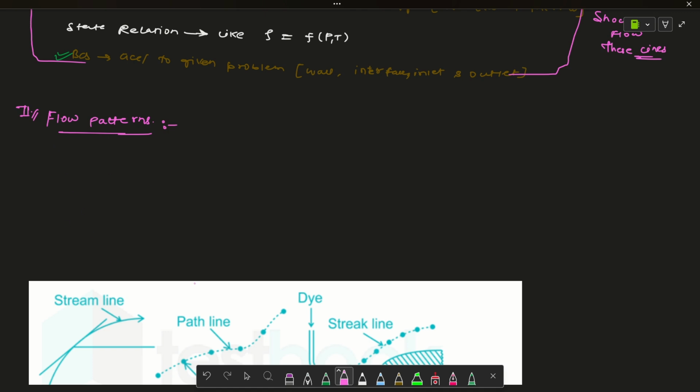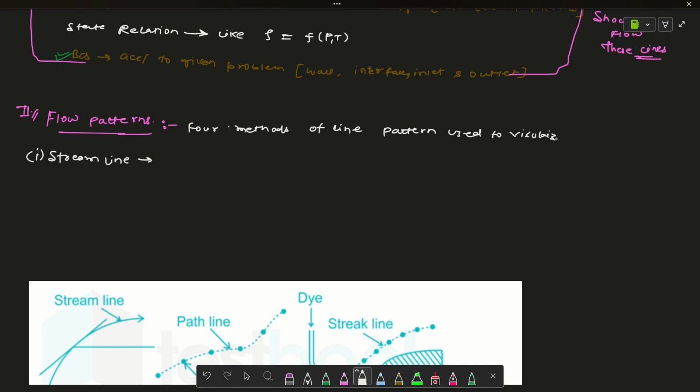The first thing here is the streamline. These are methods to find the pattern in fluids. There are four methods of line patterns used to visualize flow.